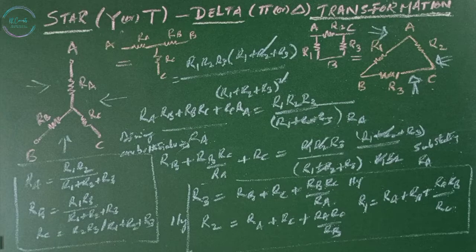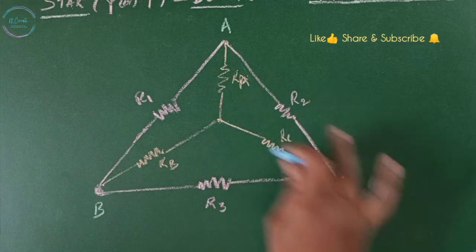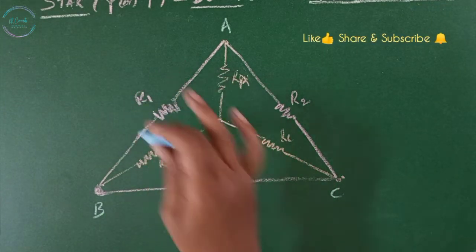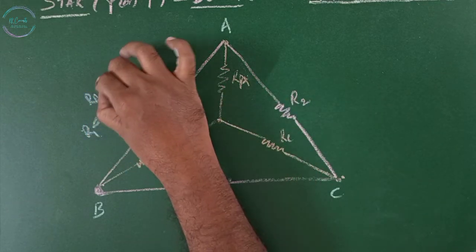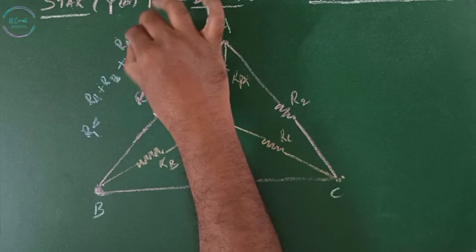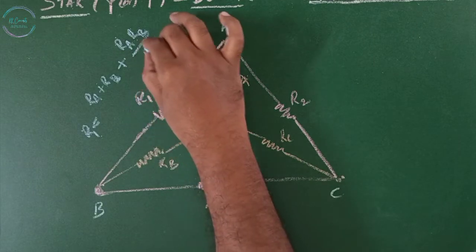The simplest way to remember these equations: if the star network is given and we need to find the delta network elements, then R1 equals RA plus RB plus RA RB divided by the remaining resistance RC.